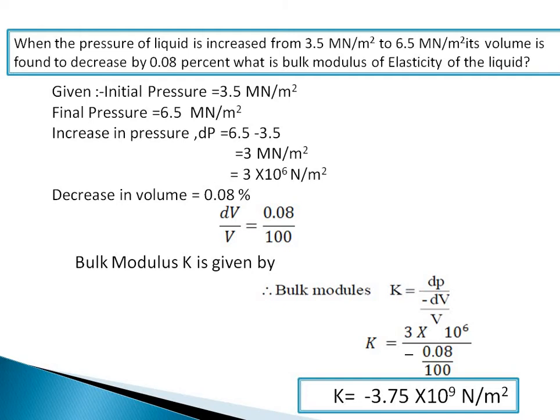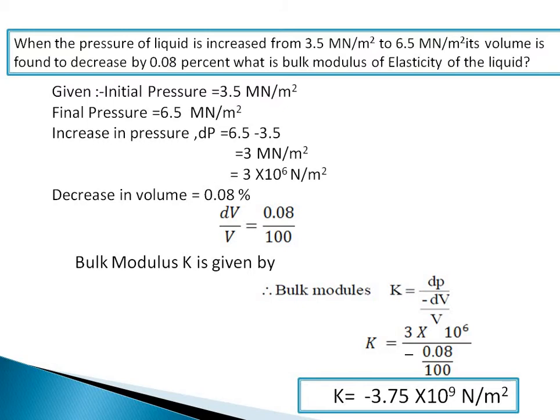Now suppose from the same formula, if you want to calculate the compressibility, then how would you calculate? It is the reciprocal of bulk modulus. So the reciprocal of bulk modulus is 1 by K, and it is equal to 1 upon minus 3.75 into 10 to the power 9. So that is called compressibility.